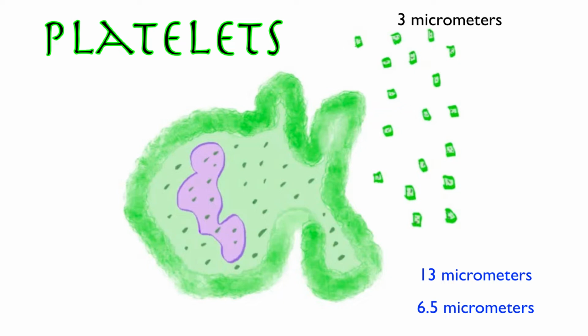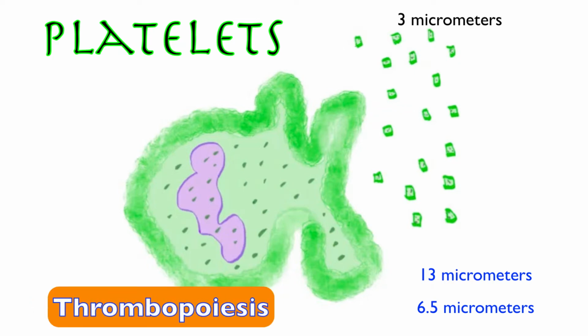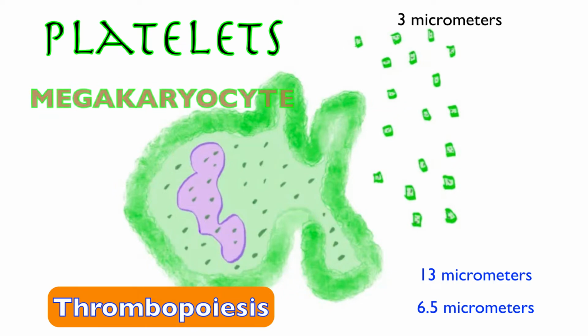Once again, platelets are formed elements because they are fragmentary cells. They are not true cells. They are formed via the process of thrombopoiesis. Hematopoiesis is production of all blood cells, all formed elements, erythrocytes, leukocytes, and platelets. Platelets derive from an extremely large cell known as a megakaryocyte, and that's what we see at the center of this image right here.